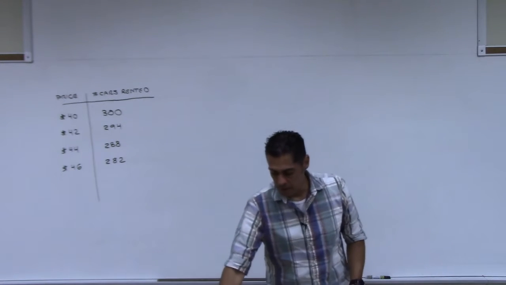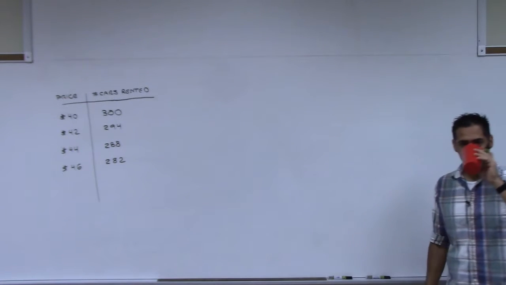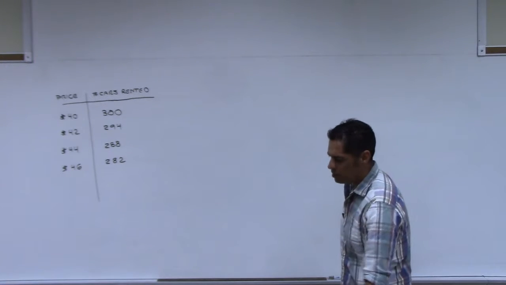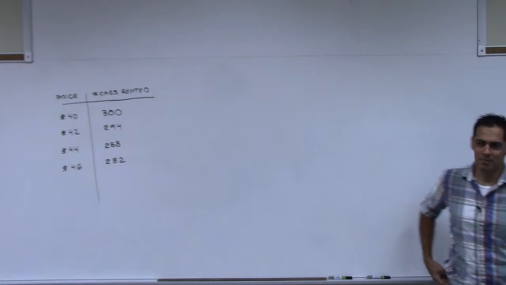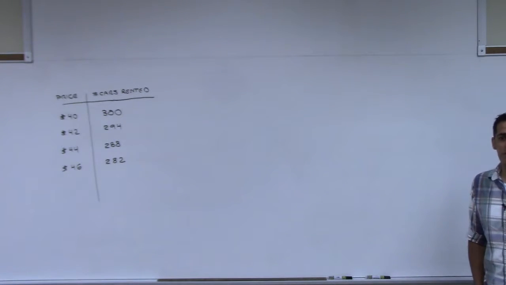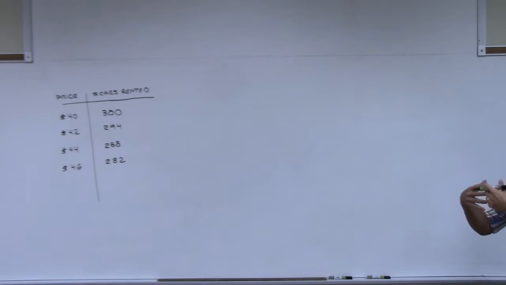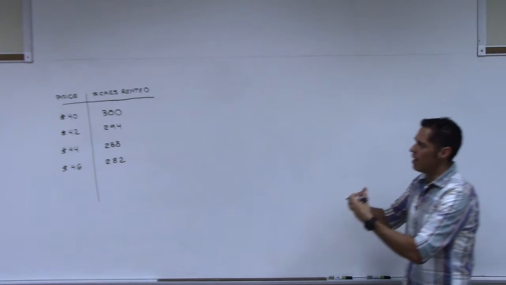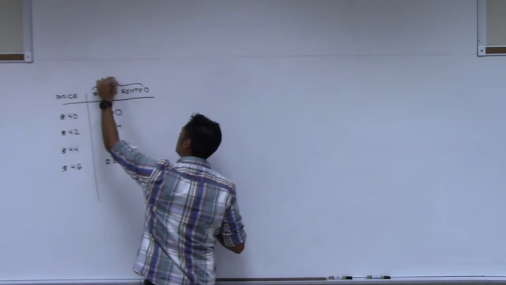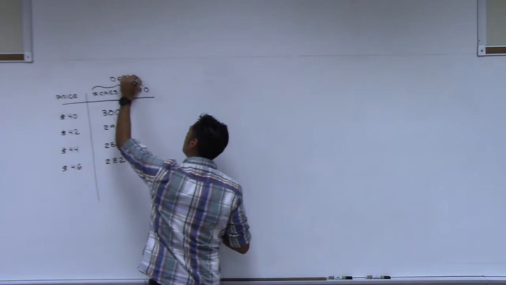So then what did I do? I know this was a long time ago. I created an equation from that. Somehow I'm going to try and connect these two together. This right here, the number of cars rented, we could call the demand if we want.